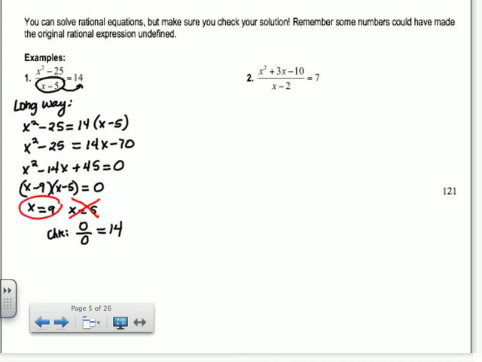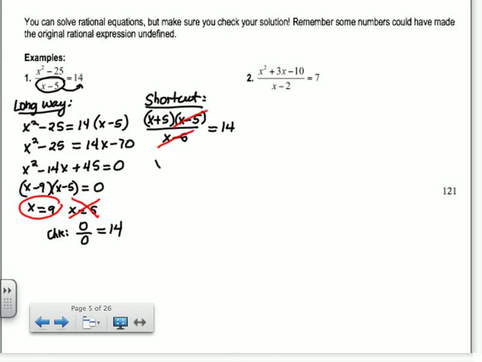Okay, so I'm saying that there's a shortcut. So the shortcut is to look and see if anything factors. So when you look at x squared minus 25 over x minus 5, what do you guys see happens? Yeah, Anthony? Yep, so he saw it was a perfect square and the x minus 5's cancel.